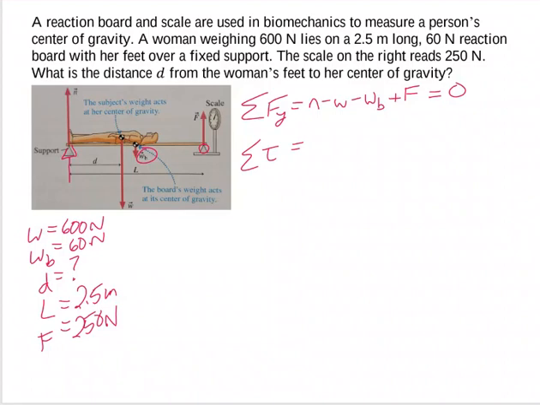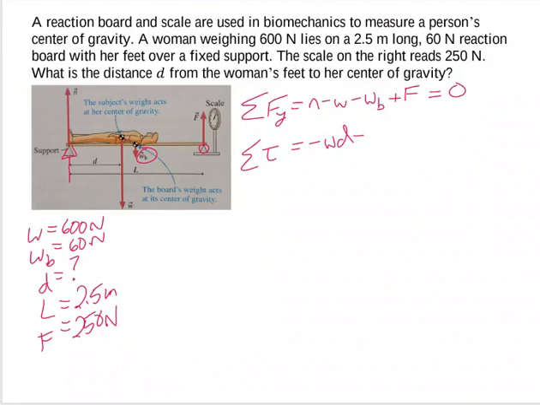Negative. That's the clockwise torque. So negative weight of the woman, at what distance though? At d. Okay. Then we have the weight of the board next. So minus WB, which is going to act at 1.25 meters.